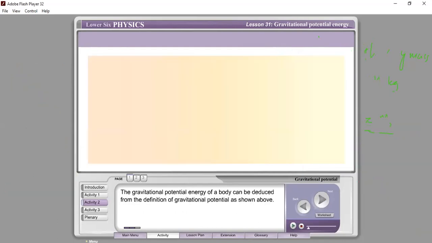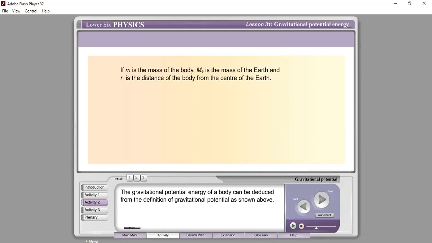The gravitational potential energy of a body can be deduced from the definition of gravitational potential as shown above. If m is the mass of the body, Me is the mass of the Earth, and r is the distance of the body from the center of the Earth.